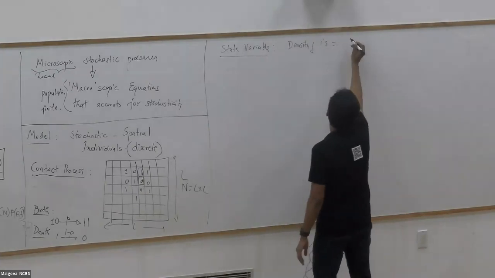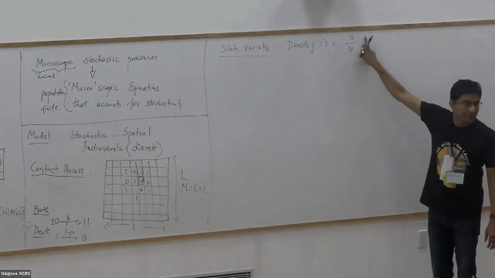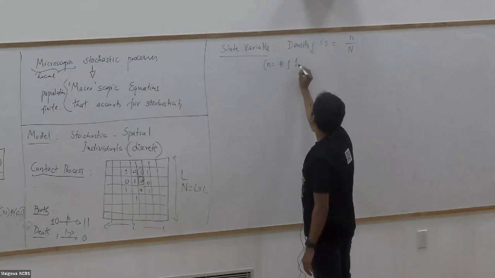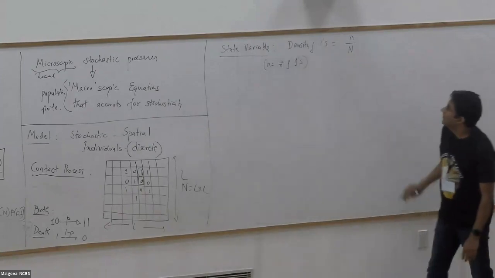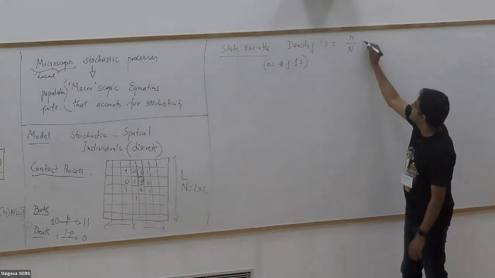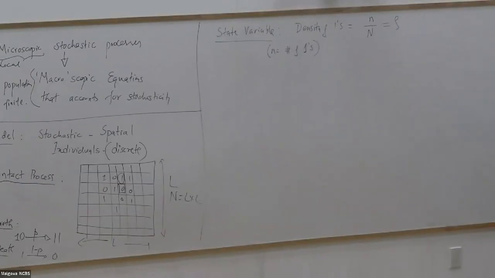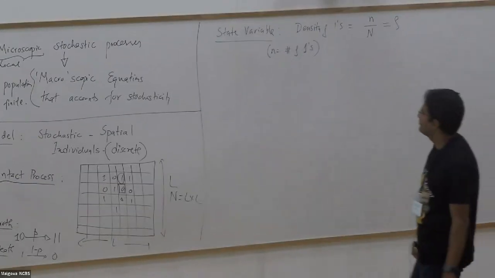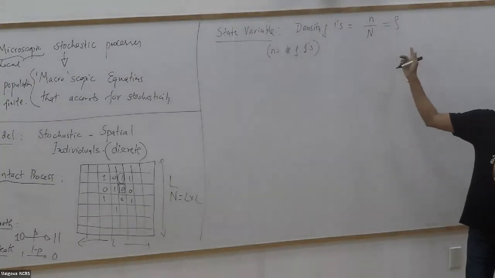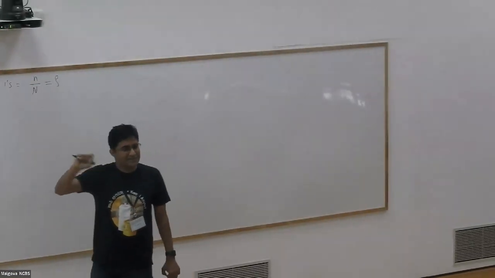So where n is the number of ones, we define the state variable as the density, which is the density of ones, without worrying about how they are spread. Now, what does birth and death do to this density? Before we even get there, let us ask ourselves, what are the various values density can take?